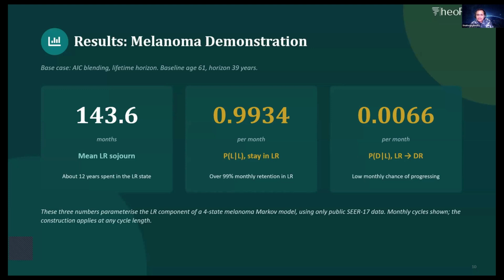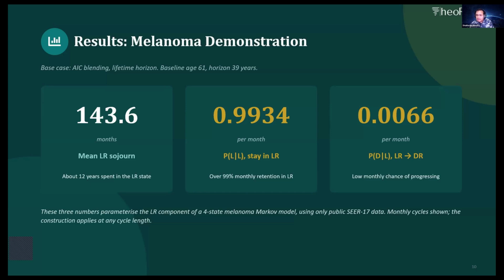And the monthly probability of progressing to distant disease is about two-thirds of 1%. So low, which is exactly what we are expecting in this disease. So three numbers, three parameters, and they parameterize the entire local recurrence part of the model, all from the public data alone, no IPD data till now.